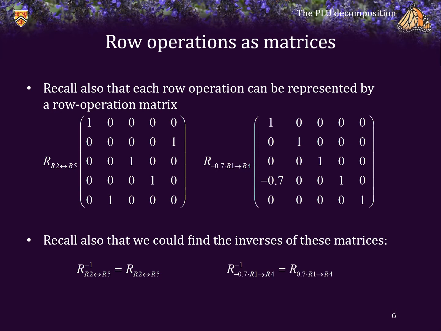The inverse operation of adding negative 0.7 times row 1 onto row 4 is adding 0.7 times row 1 onto row 4.